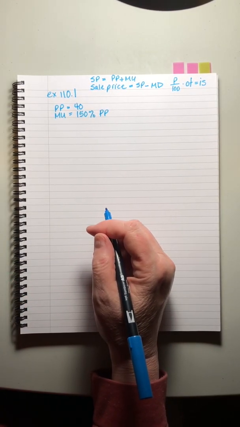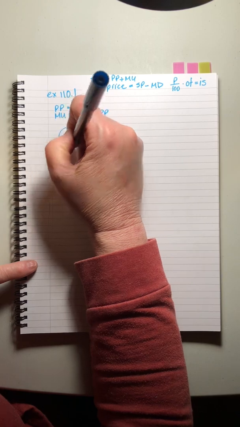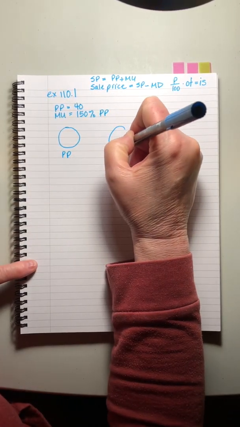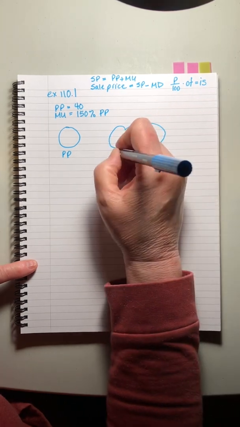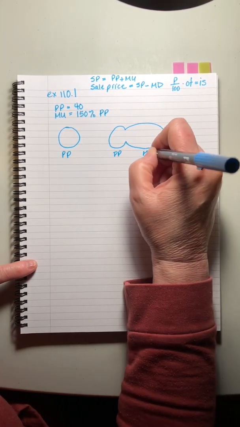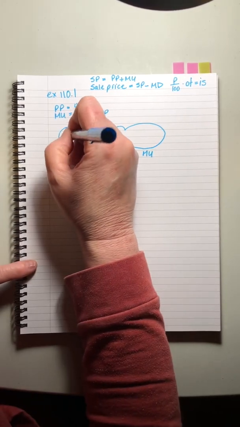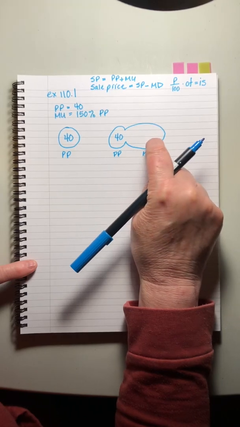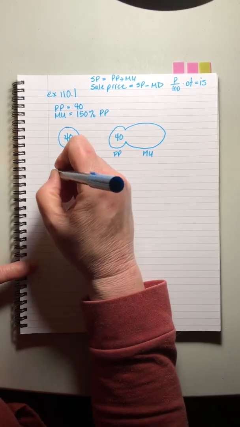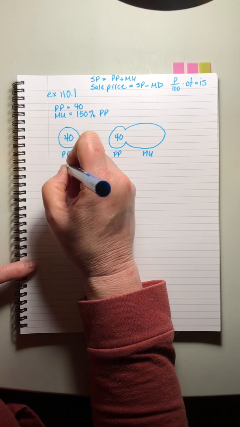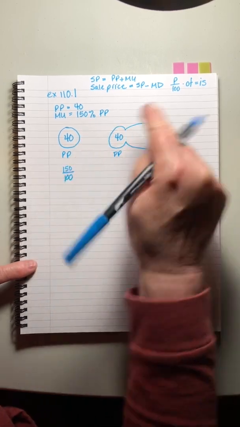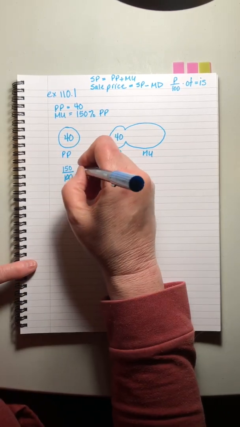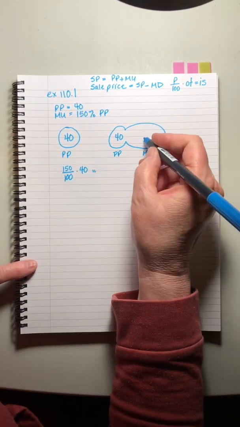All right. So we were drawing the picture. If this is the purchase price, what we started with, we were going to make it bigger, right? Because we were going to add on, this much would be the purchase price, and this would be the markup. So the purchase price is 40, plus we're going to have some more in here. And our markup is going to be 150 over 100 times the of number, which is 40, and that will give us the markup.